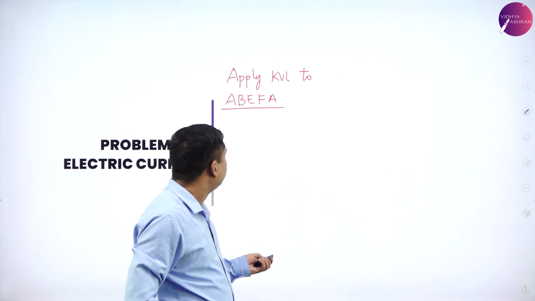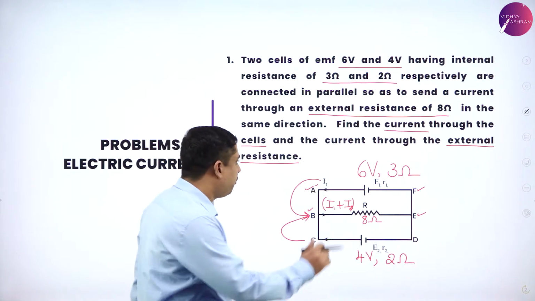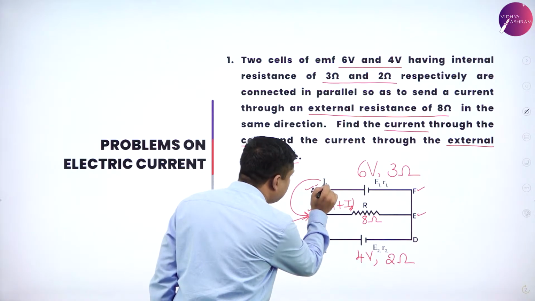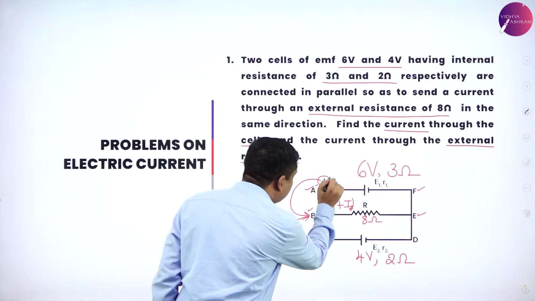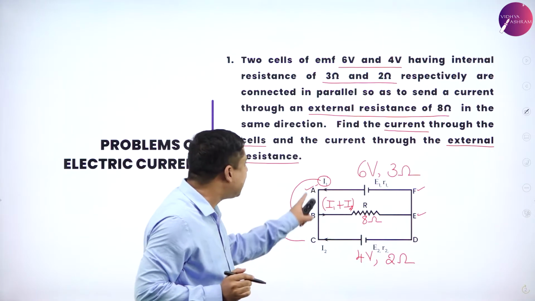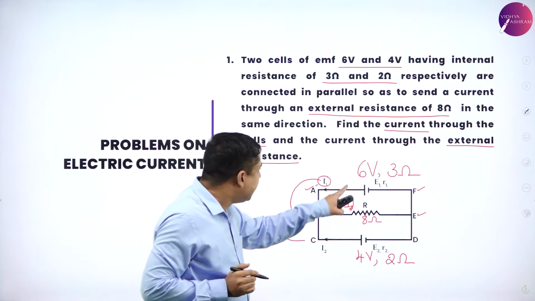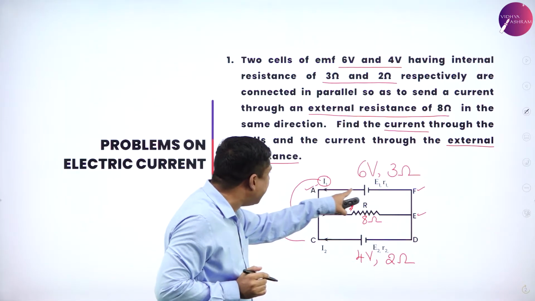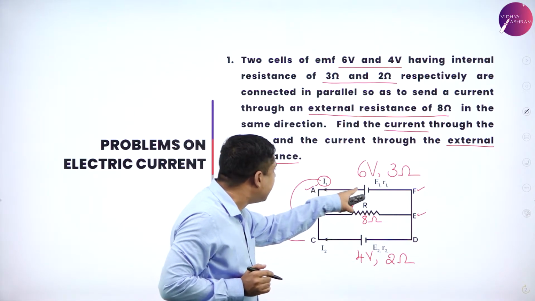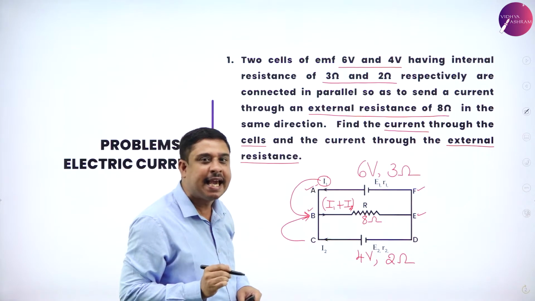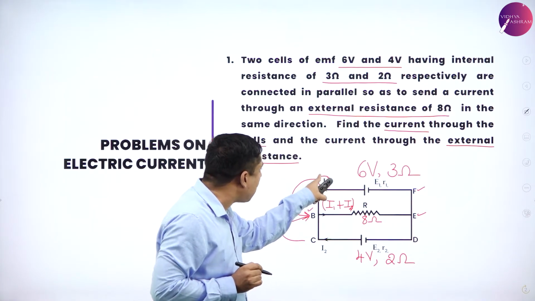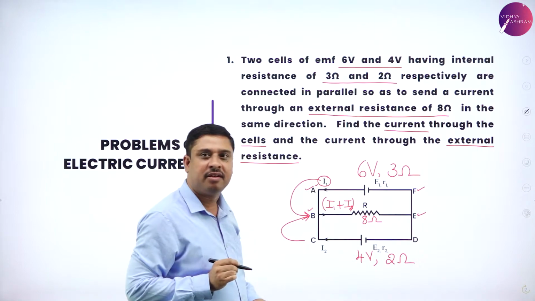Now, first, consider the direction of I1. Is it along the direction of traverse? Yes, the rule says direction of current I1.